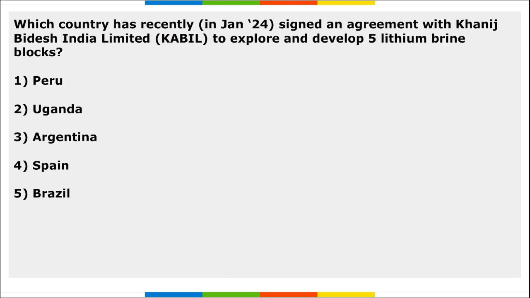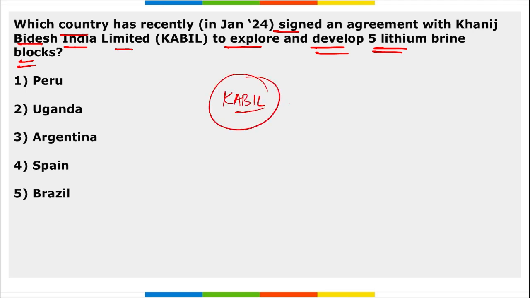Next, which country has recently signed an agreement with Khanij Bidesh India Limited to explore and develop 5 lithium brine blocks? So Khanij Bidesh India Limited, KABIL, right? Which country signed an agreement with KABIL to explore and develop 5 lithium brine blocks? That is Argentina.